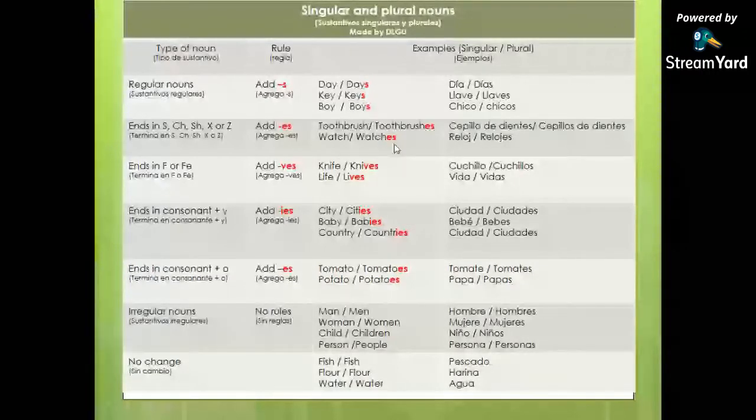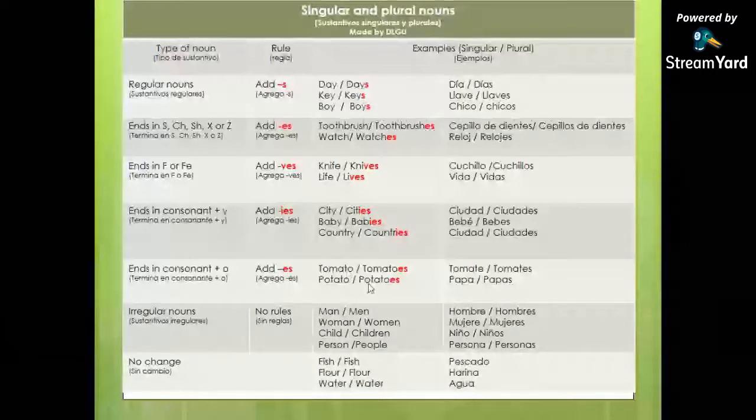If it ends in f or fe, we change to ves. Knife, knives. Life, lives. And if the noun ends in consonant plus Y, we change to IES. City, cities. Baby, babies. Country, countries. And another rule, if the noun ends in consonant plus O, we add ES. Tomato, tomatoes. Potato, potatoes, for example.